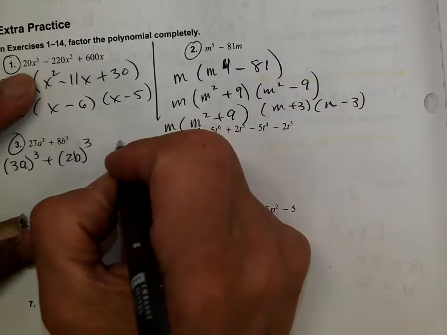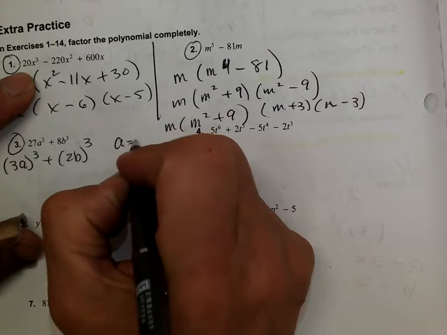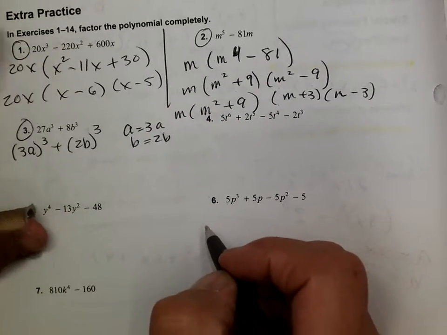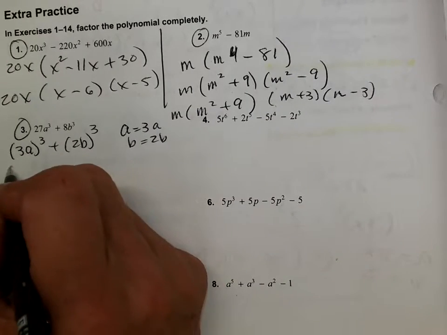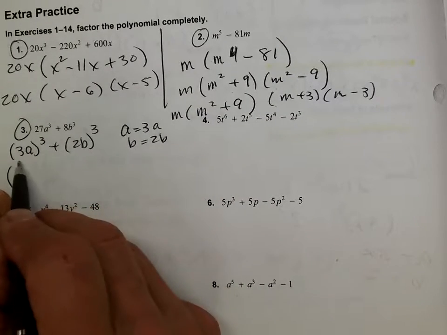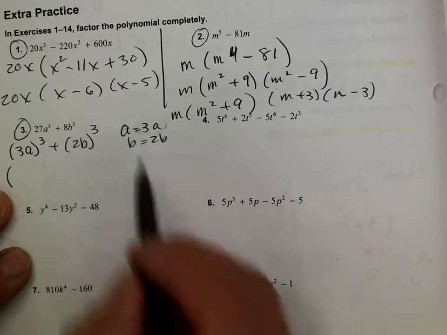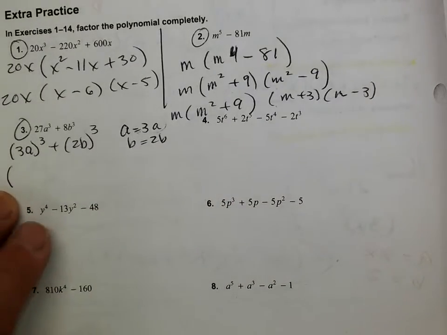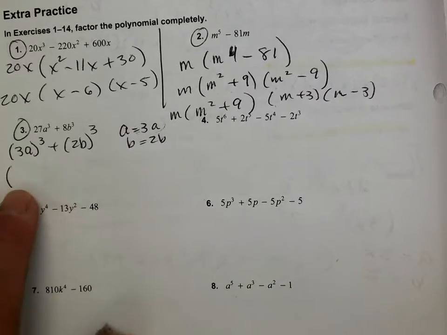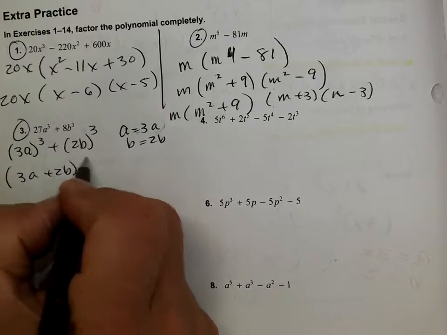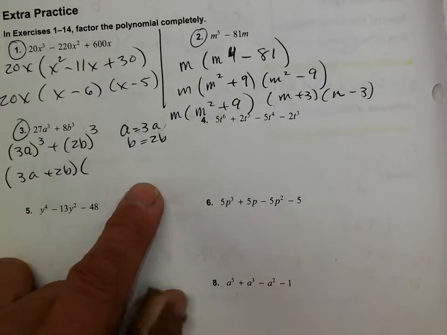So I know that my a is really a 3a and my b is really a 2b, okay? So the formula, first of all, nope, I said it wrong. We're going to go a plus b. So we're going to go my 3a plus 2b times, my formula says a squared.